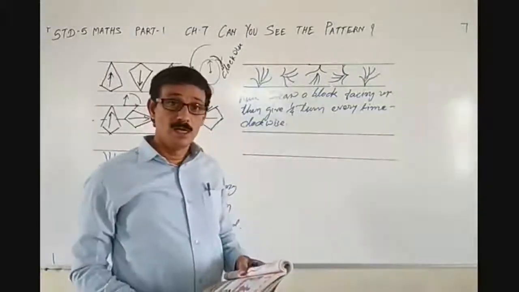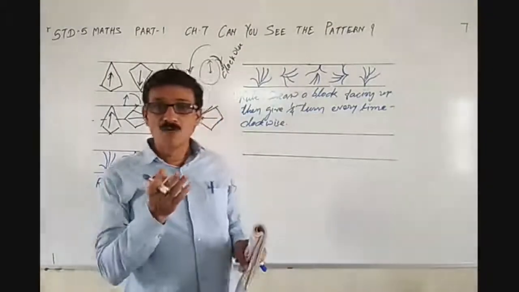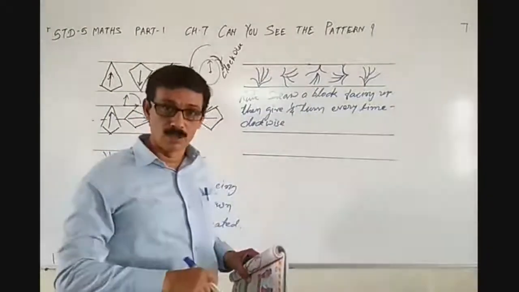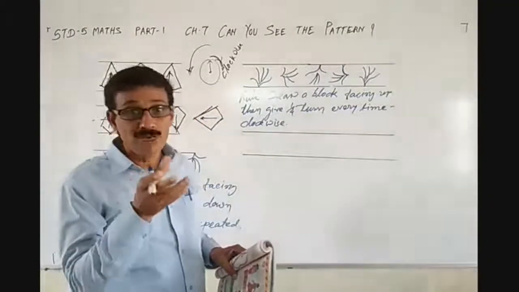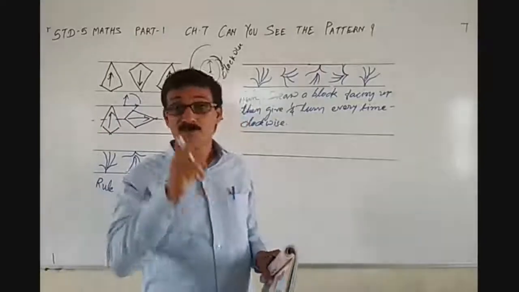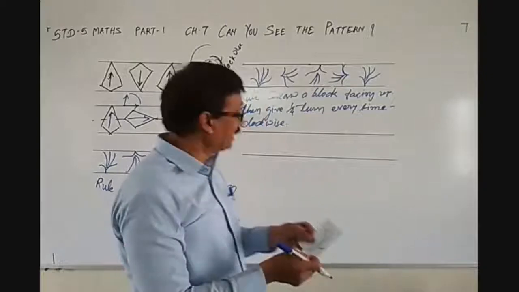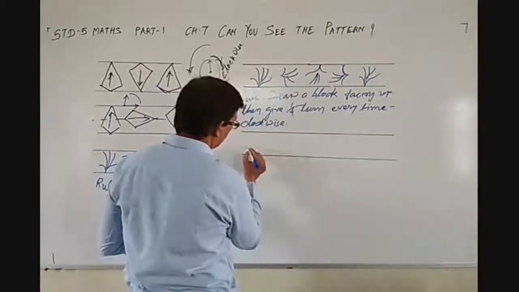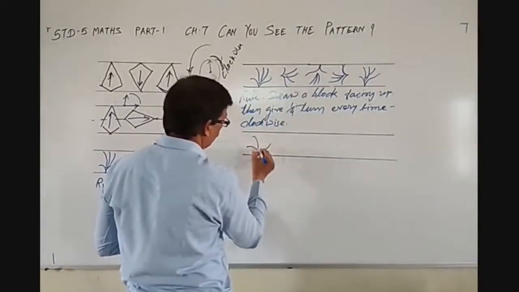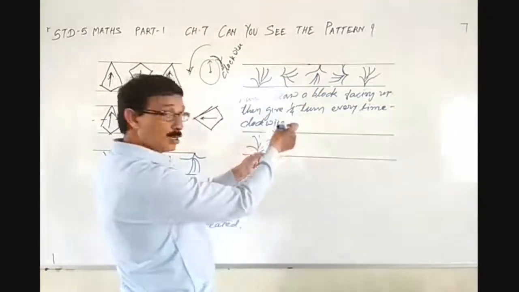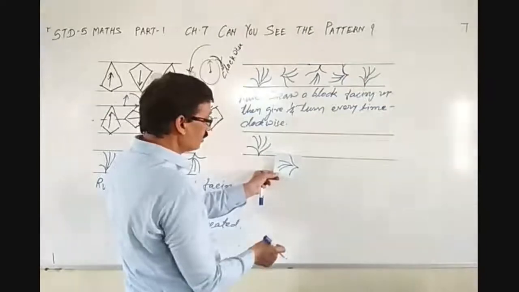So what will we do? We will go for 1/4 turn itself, but it will be anti-clockwise. Okay, the block will rotate anti-clockwise 1/4 turn. So let's go for that. Suppose the first block is up, isn't it? Now this will rotate anti-clockwise. Okay, so I have to draw this one.